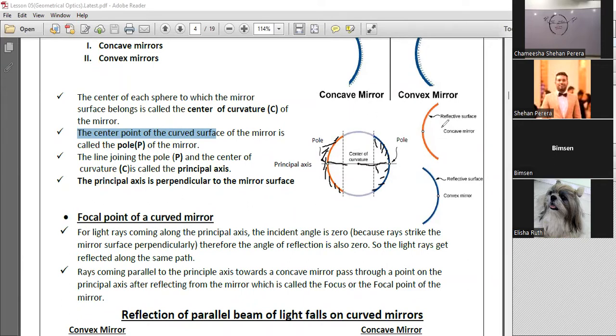Mark one as the concave mirror and the other one as the convex mirror. From the center of curvature, the line to the pole of the concave mirror is known as the principal axis. And again, from the center of curvature, the line going to the pole of the convex mirror is also called the principal axis. You have to draw it very quickly. Done.